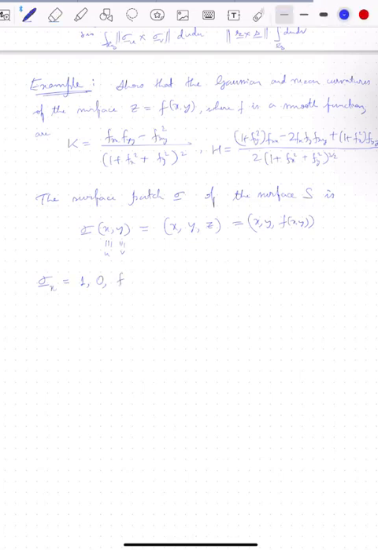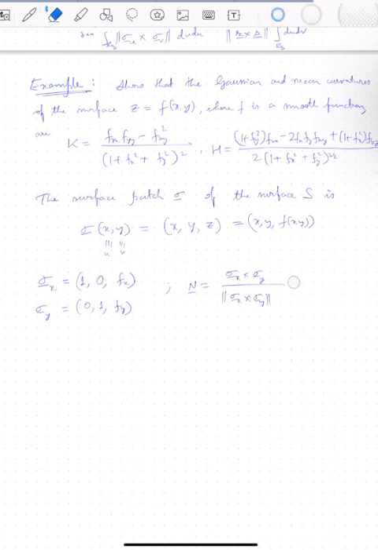And then we have fx, right? Partial. Likewise, sigma y is (0, 1, fy). Using these two, we can construct a normal vector as sigma x cross sigma y divided by the norm of sigma x cross sigma y.